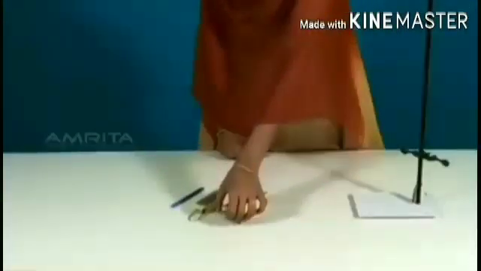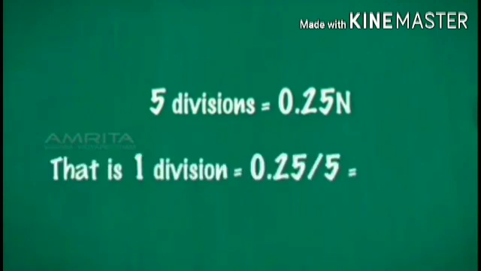Take one spring balance. Note the least count of the spring balance. 5 divisions is equal to 0.25 N. That is, 1 division is equal to 0.25 divided by 5, which is equal to 0.05 N.